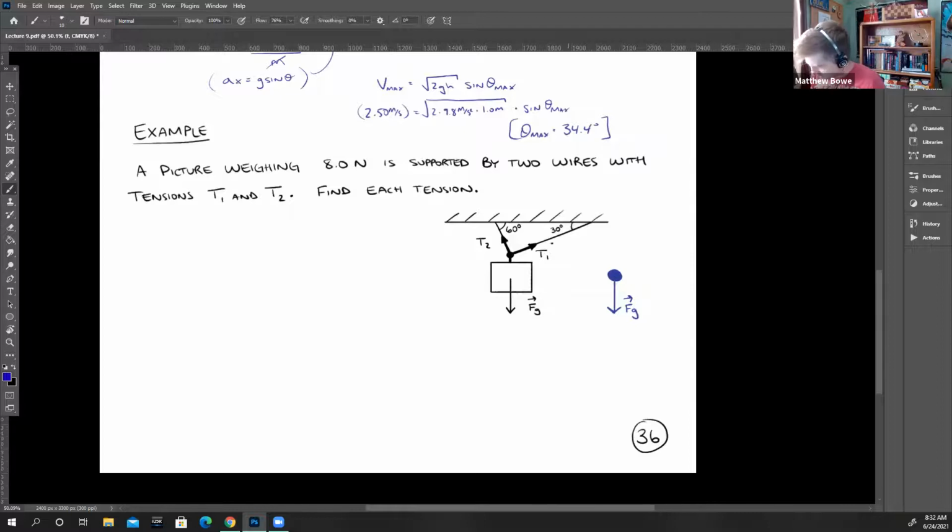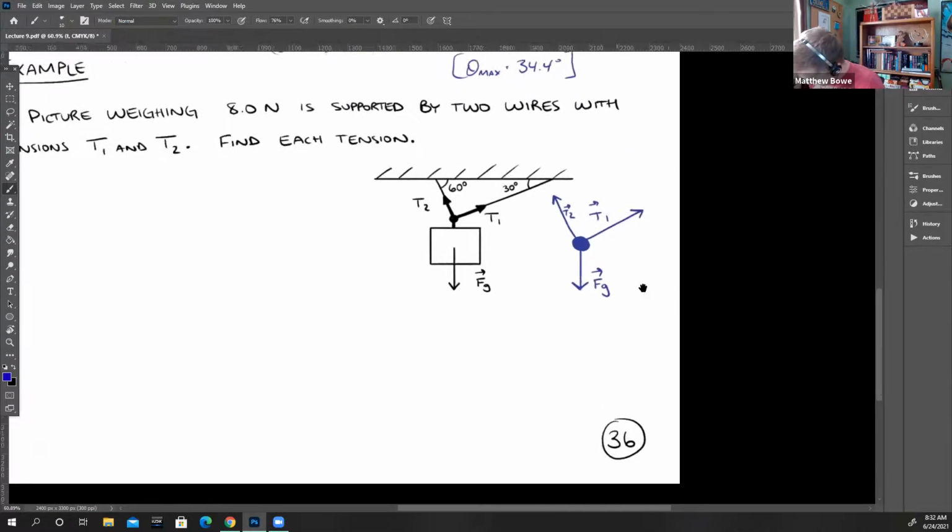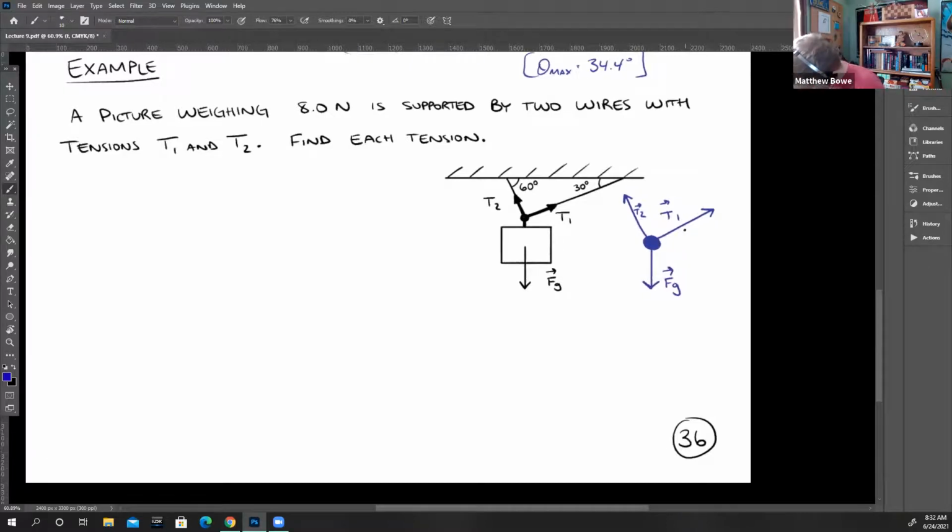We have T1 going to the right, kind of like that. We'll say T1 right here. T2 going up, kind of like that. And we already know we're going to break this into components.